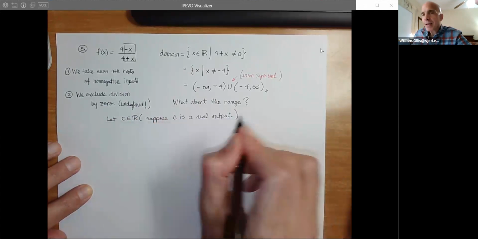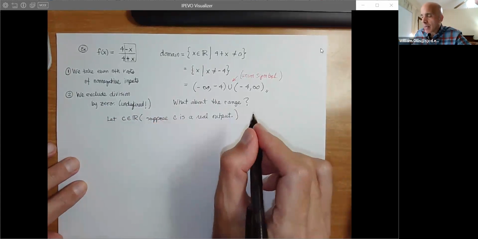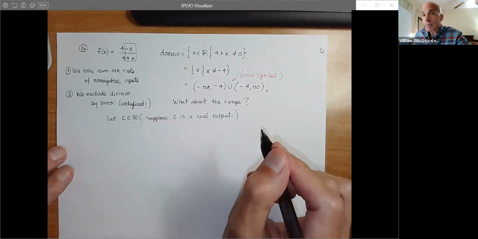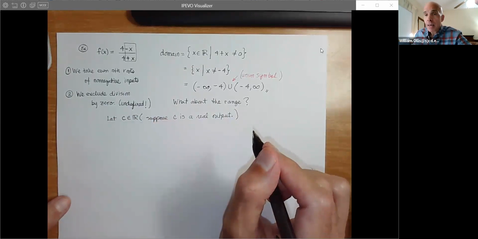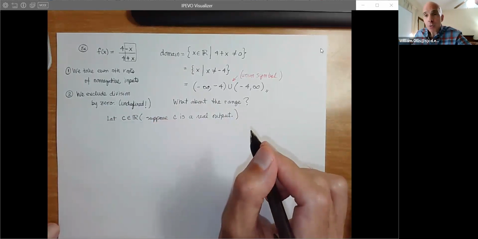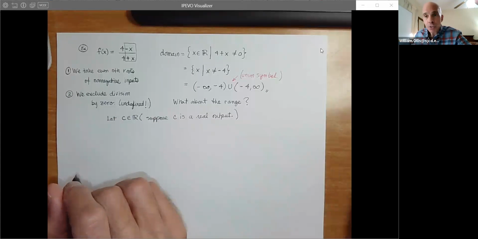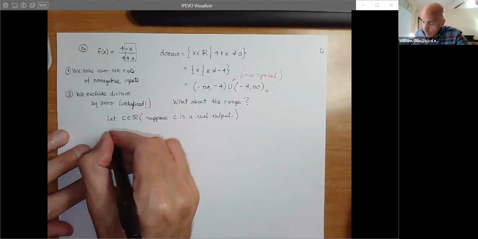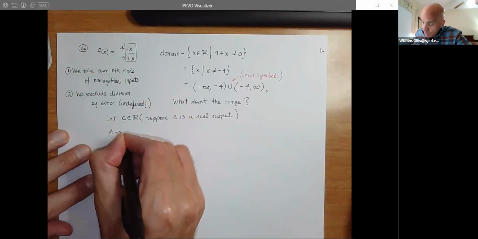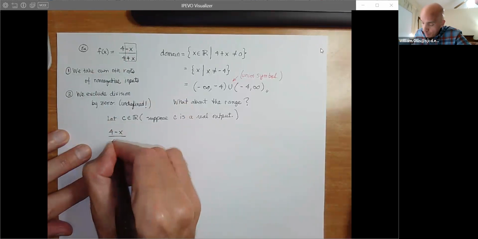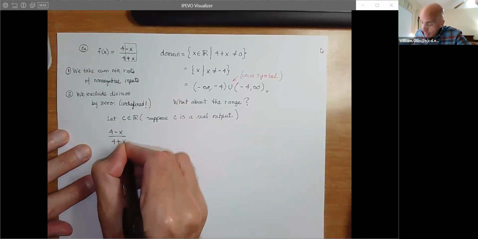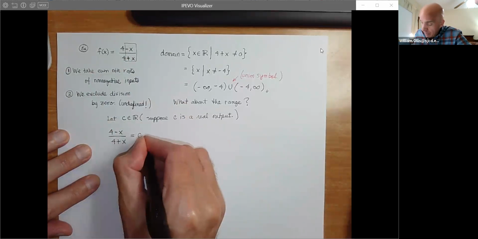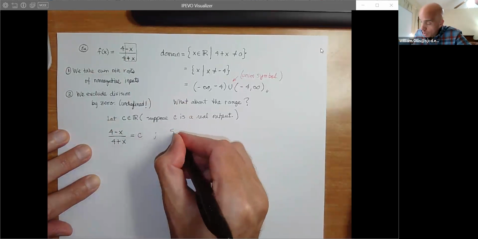The thing is that we could actually solve this as long as we can figure out a value in the domain that would be mapped into it. And that's what we're going to do. So now we're going to take the function (4 minus x) over (4 plus x) equals c, like we're doing an inverse problem. And what I want us to do is solve for x.